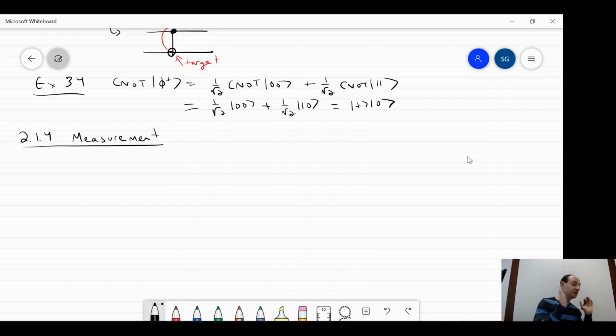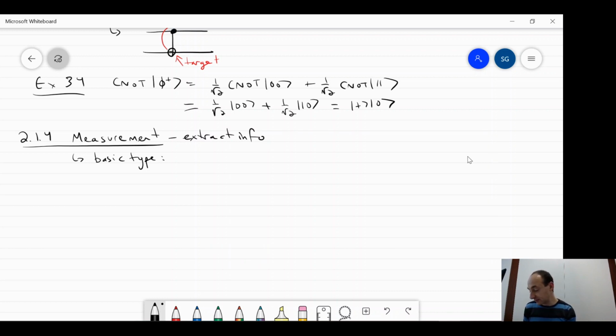We know how to do things to the states to make them change, evolve, basically. But ultimately, a computation is useless unless I can extract information out of my system. And that's what a measurement is for. Okay? So a measurement or an observation, to extract info from the system, to read out, for example, the answer to your computation.